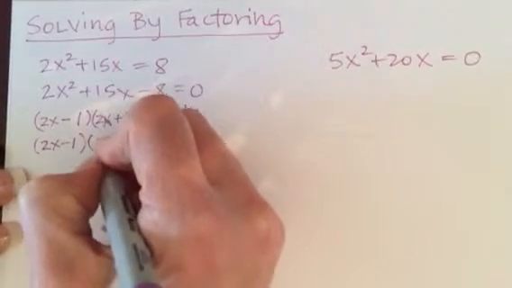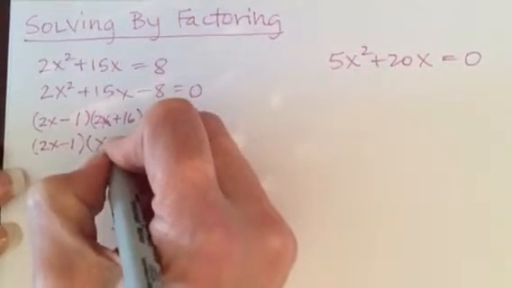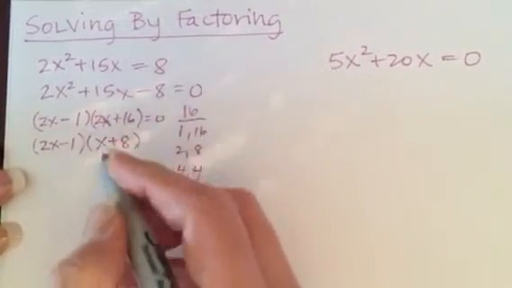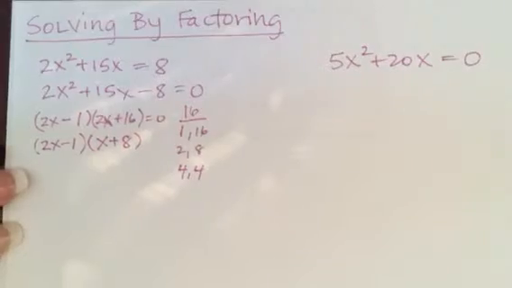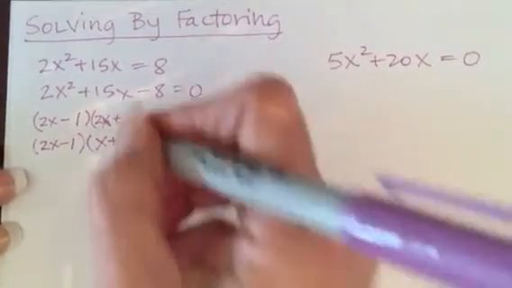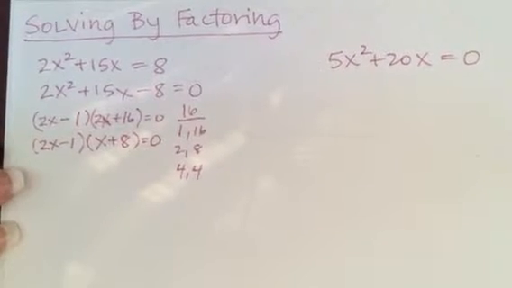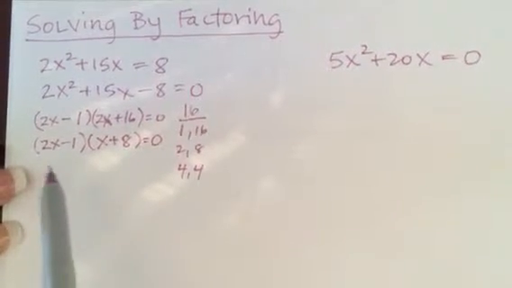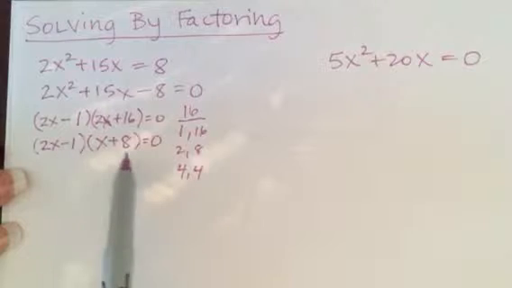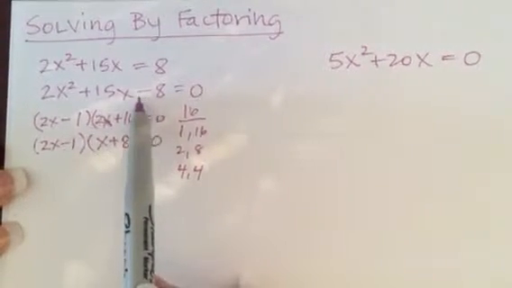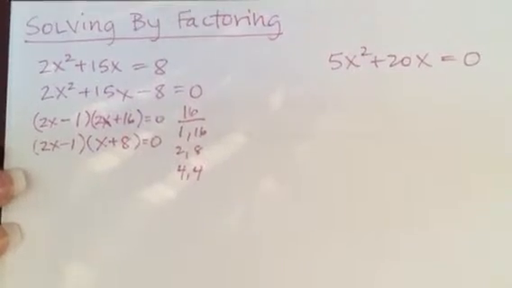We're just reducing it, so we're not taking out a common factor and leaving it as a monomial. We're just reducing that binomial. Okay, and so now we have factored the quadratic, and if I were to multiply this out, FOIL, I would end up back here at 2x squared plus 15x minus 8.